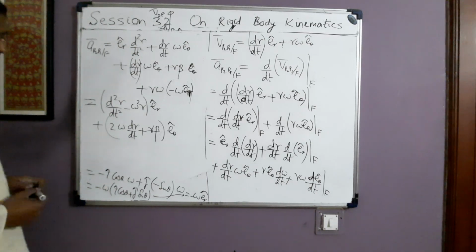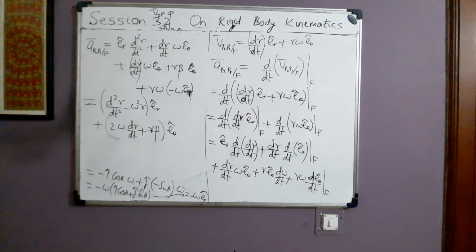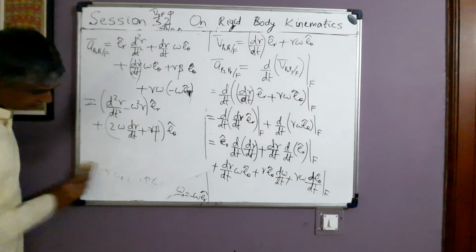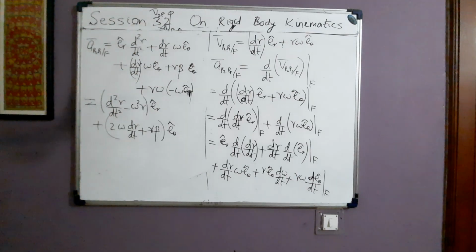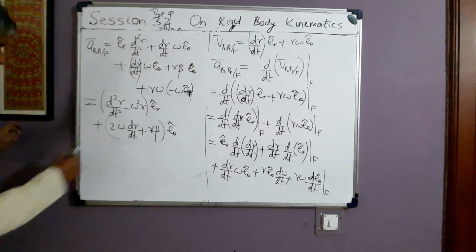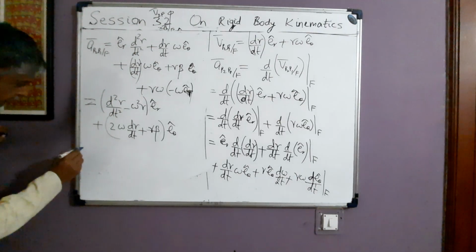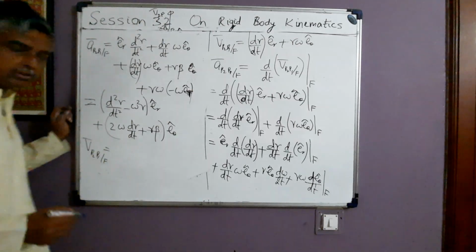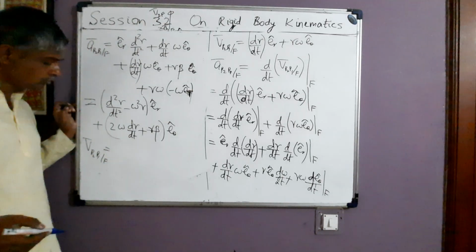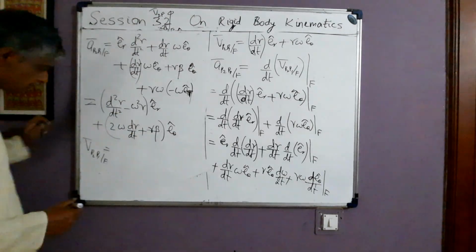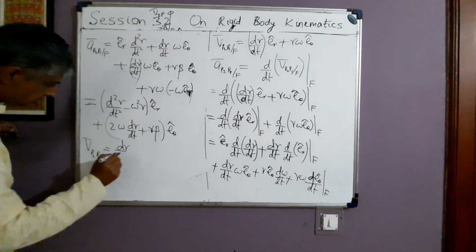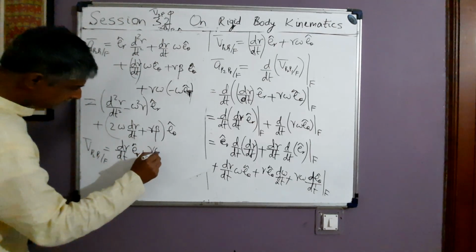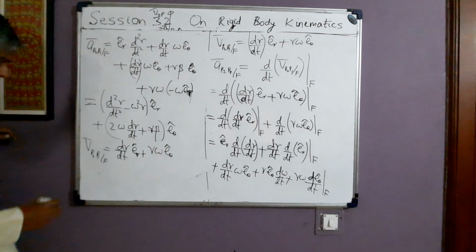So the two expressions for velocity and acceleration, we have already derived. What are the two results we have obtained? First, the expression for relative velocity between two points P1 and P2 in frame F in cylindrical coordinate representation for the case when the two points are confined to move in the same plane. That is dr/dt into e_r hat plus r omega e_theta hat.